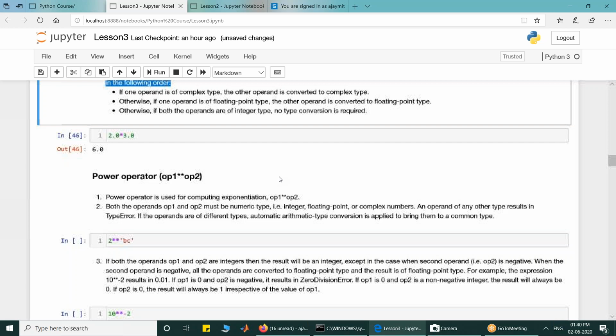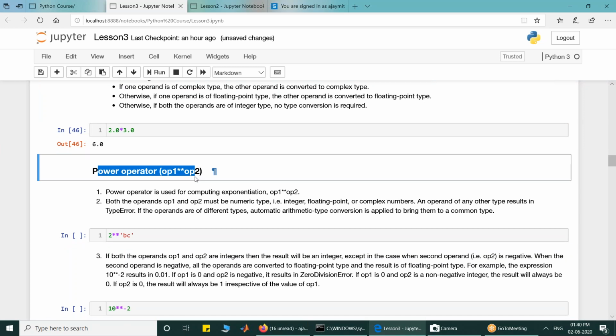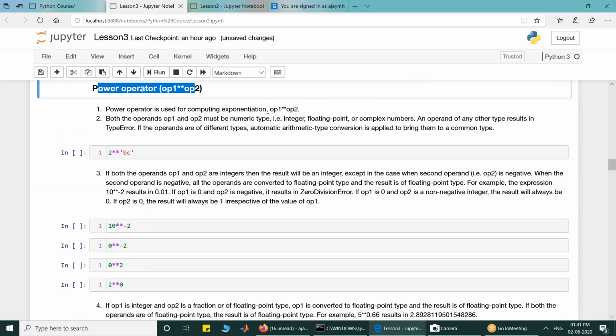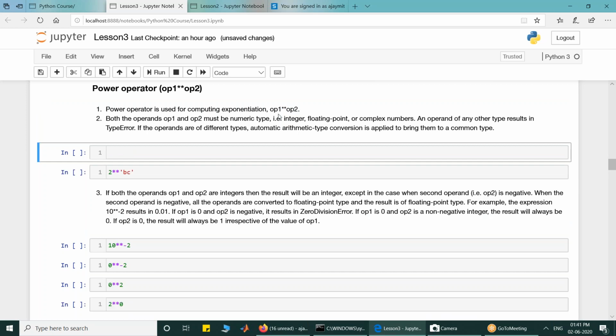Okay, so let's look at the first operator, which is the power operator, which is exponent. This is to compute exponent. So we have to write 2 stars, and remember that there is no space between the stars.